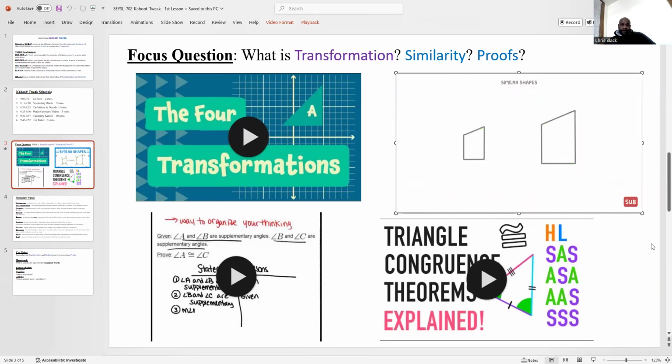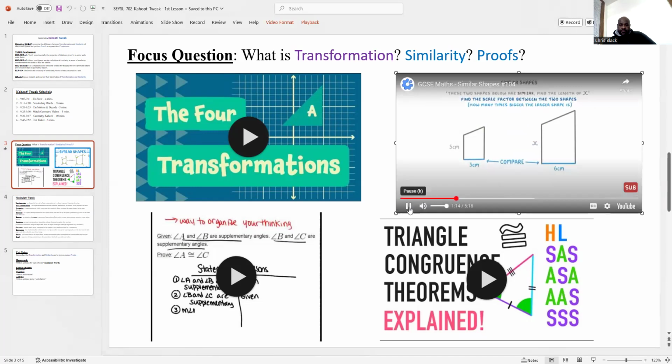Now, when it comes to exams, they'll normally just tell you that the two shapes are similar. And instead, they'll ask you to work out an unknown side on one of the shapes. For example, if we look at this question here, we're told that these two shapes are similar, and we're being asked to find the missing side length x. The key to questions like this is to find the scale factor between the two shapes, which is basically how many times bigger the larger shape is than the smaller shape. To find it, we just compare two equivalent sides, like these two bottom sides.